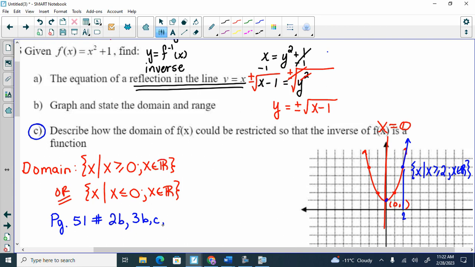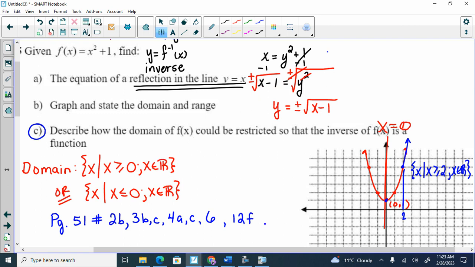Just horizontal, vertical, horizontal, vertical. You literally don't need to do more than this.